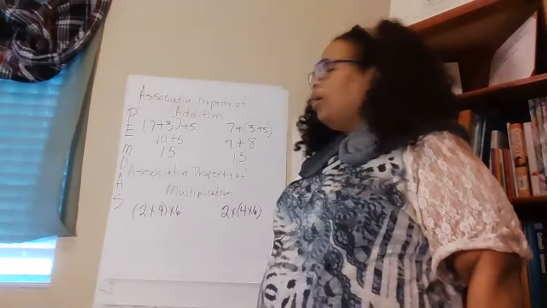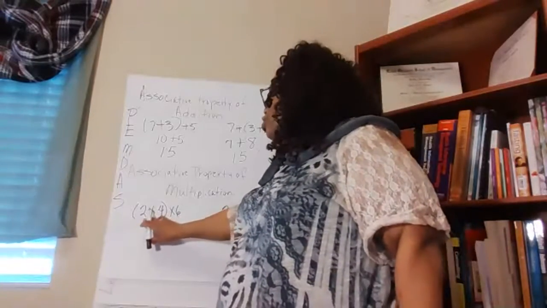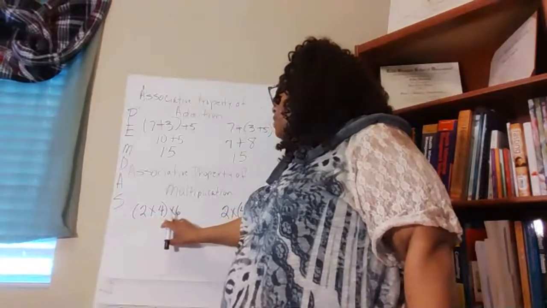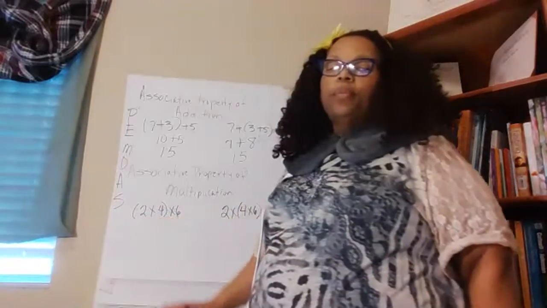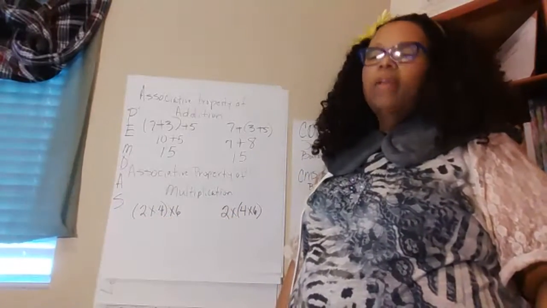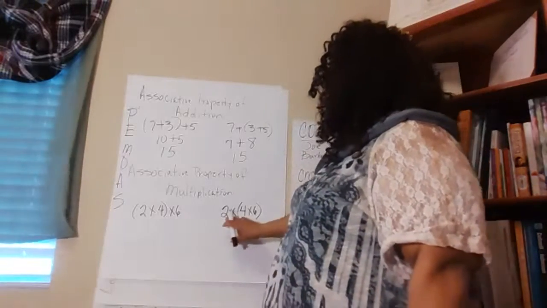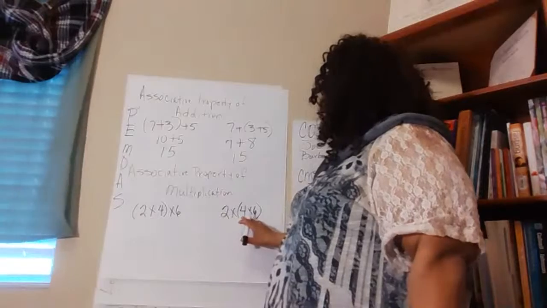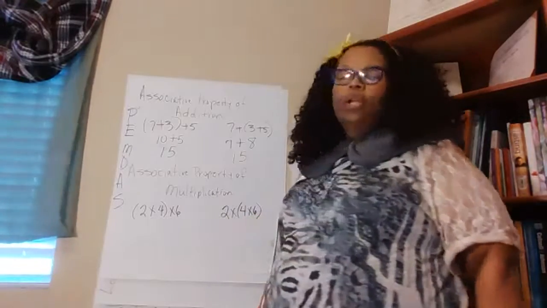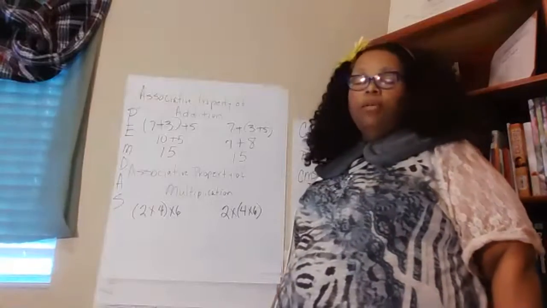I'm done. Okay. So to the left of your paper, you should have 2 times 4 times 6. What should be in parentheses? 2 times 4. Very good. To the right of your paper, you have 2 times 4 times 6. What do you have in parentheses? 4 times 6. Very good.